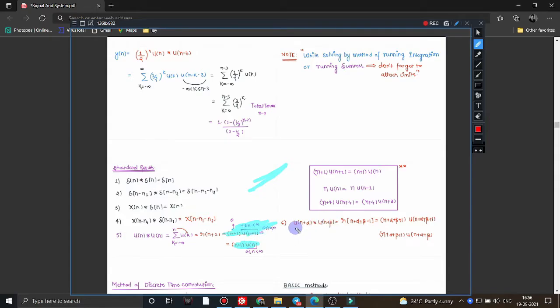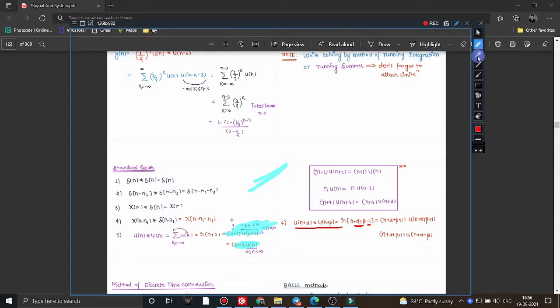So now if we take the convolution of un plus alpha with un plus beta, we all know it will give us a ramp function, and we all know the shifting will be added. So we add n plus alpha plus beta, but it will also give us an extra 1. How do we know we get this extra 1?